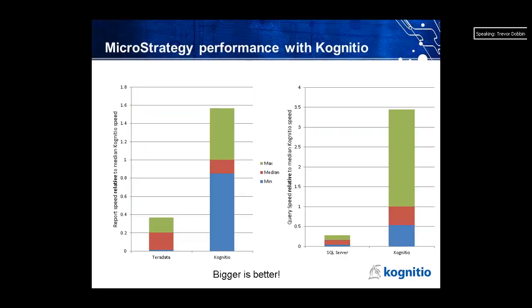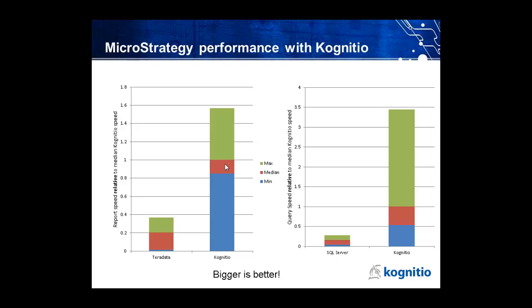So before I pass back to Michael, I just want to talk a little bit about some performance that I've seen in some projects that I've worked on recently where we've utilized Cognitio in MicroStrategy. So if we concentrate on the graph on the left to start with, this is comparing performance when we introduce Cognitio on top of Teradata, and we can see the performance between Cognitio and Teradata alone.